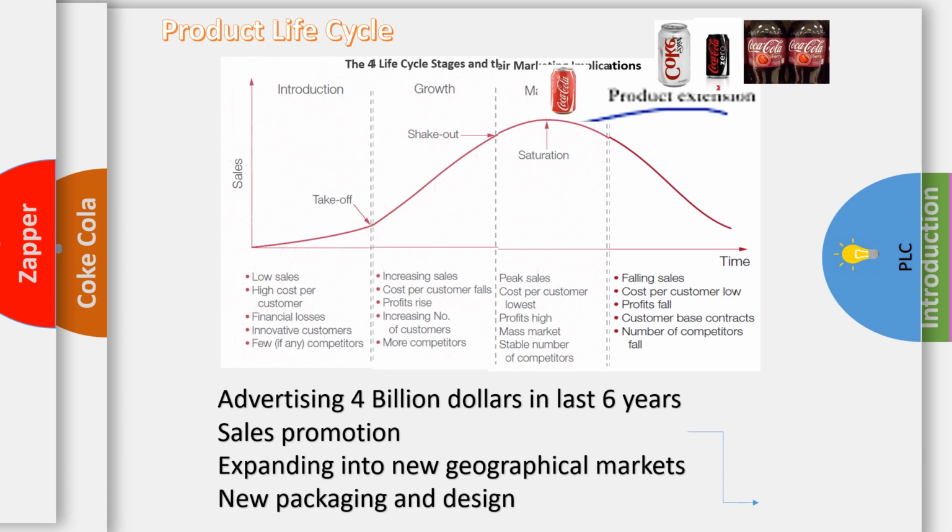Other areas and reasons why they can extend the product life cycle would be to expand and go into new geographical markets, and also the new packaging and design, which creates more interest and desire with the product. All of these factors can help and assist you in extending the product within the mature stage of the product life cycle.